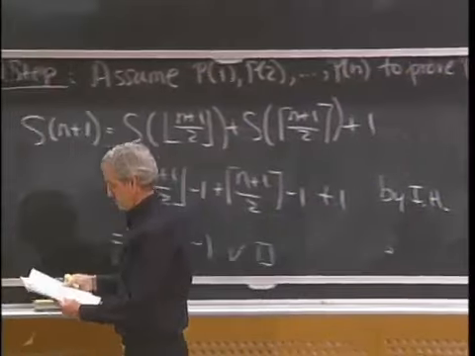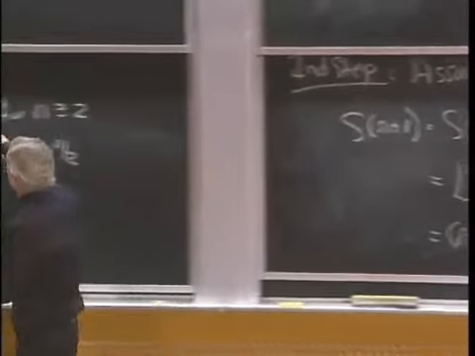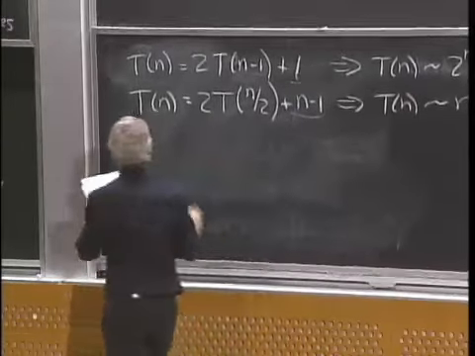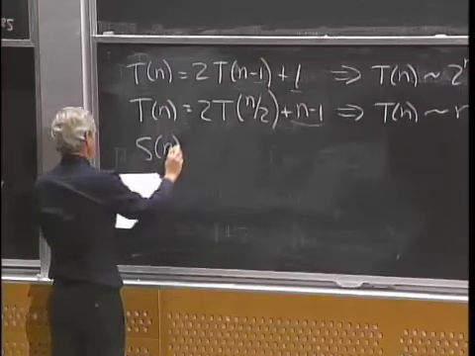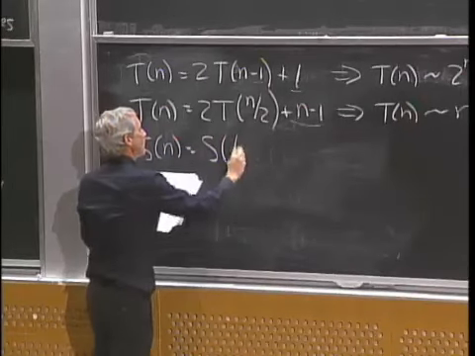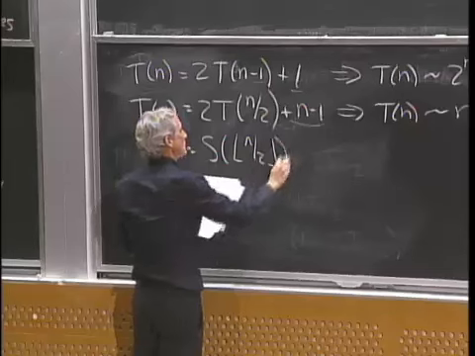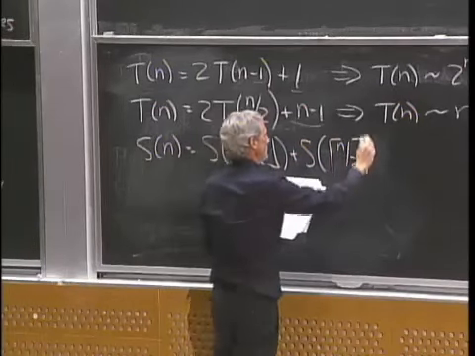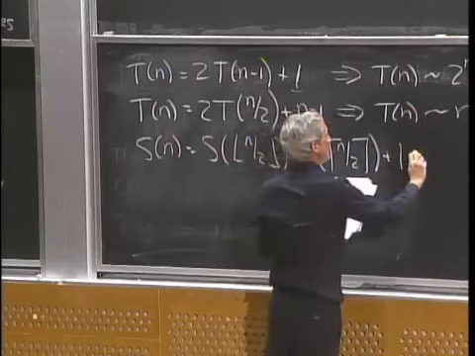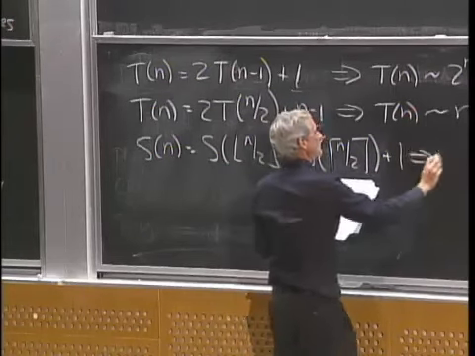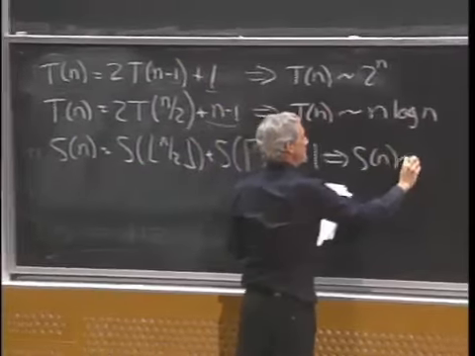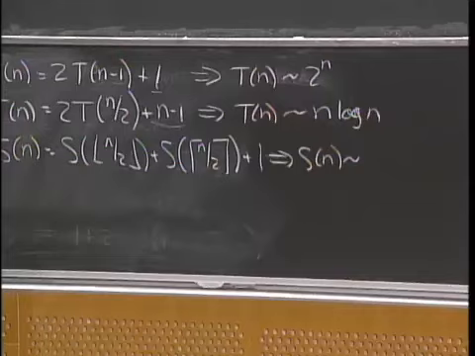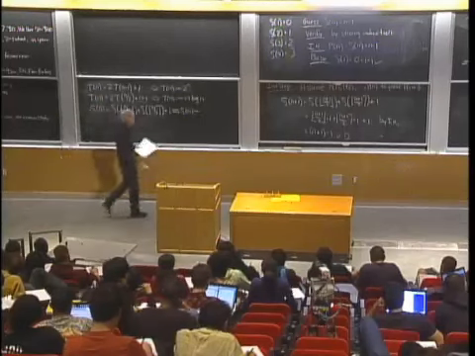Okay. So let's write that on our table up here. So this is S of n equals S of floor of n over 2 plus S of ceiling of n over 2 plus 1. And the answer is S of n is tilde of what? n. The answer is n minus 1, so it's tilde of n.